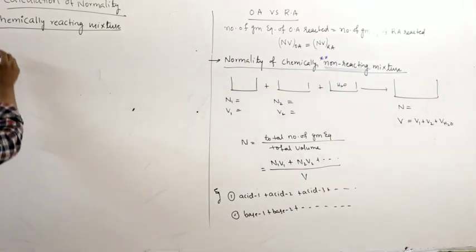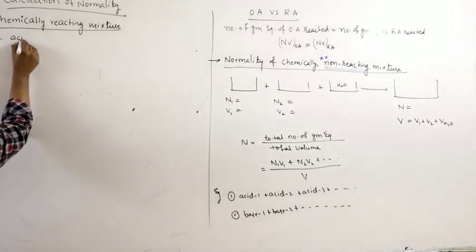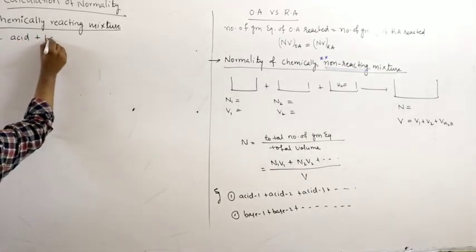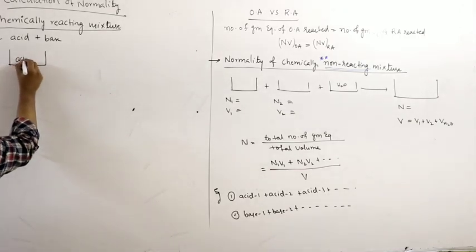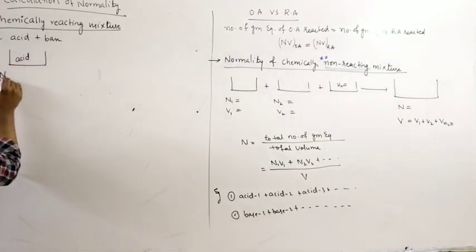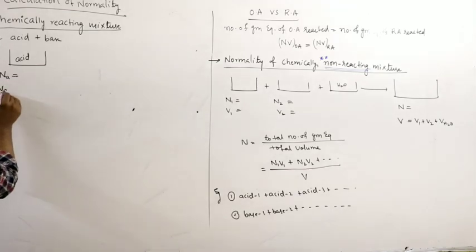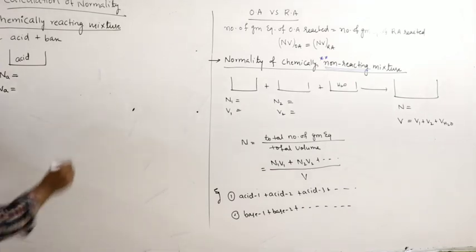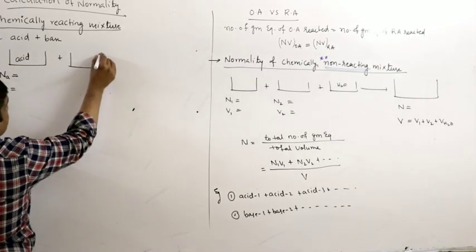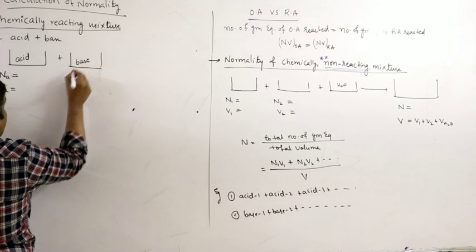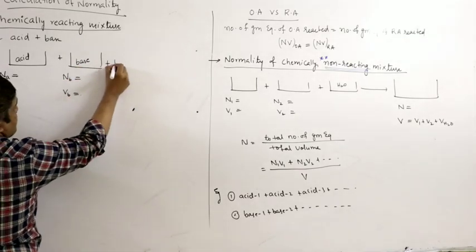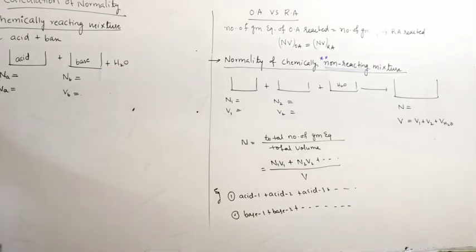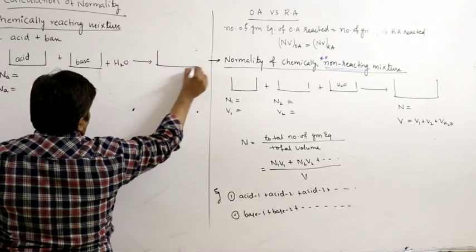So example, acid and base. Say we have some acid. So what information will be given? Normality of acid will be given, volume of acid will be given. Next, base. Normality of base, volume of base. Sometimes water may be added, that depends, or may not be added.